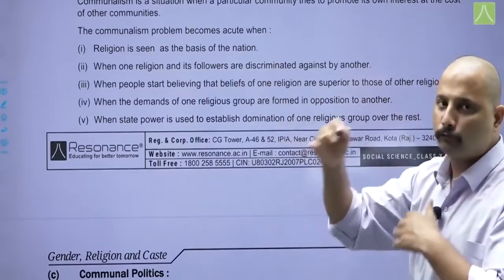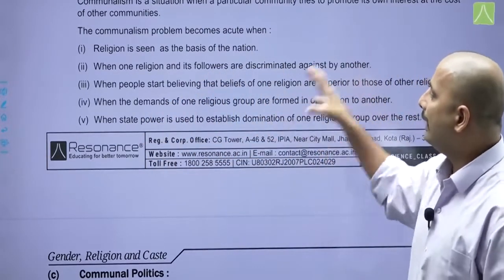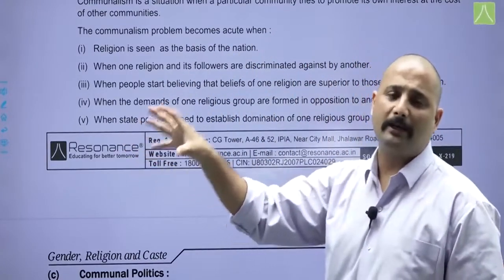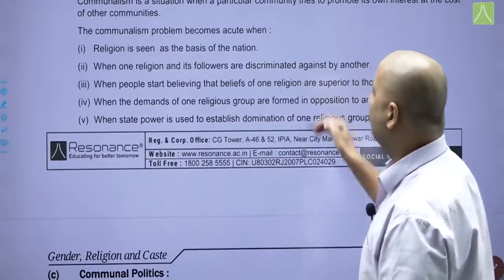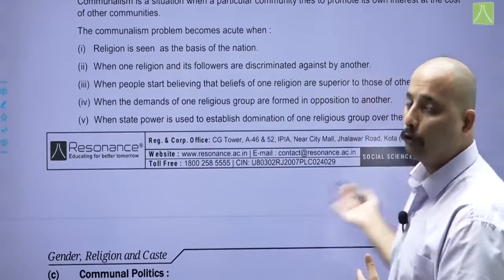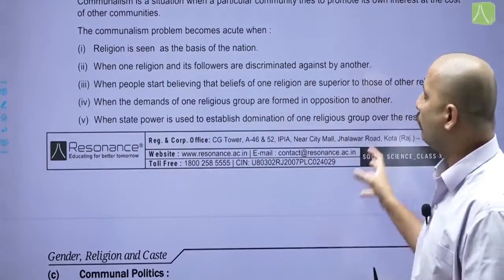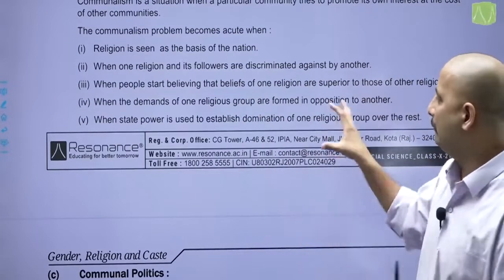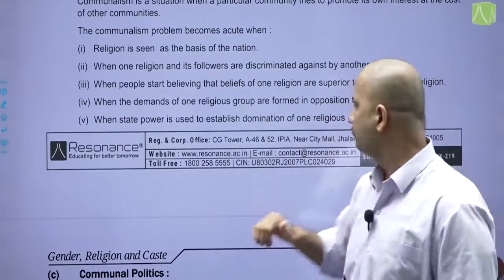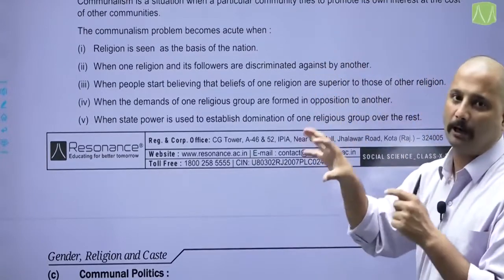When one religion and its followers are pitted against or are discriminated against by another, when people start believing that beliefs of one religion are superior to those of the other people, when the demands of one religious group are formed in opposition to the other, or when state power is used to establish domination of one religious group over the rest. So, all these aspects are of communalism.